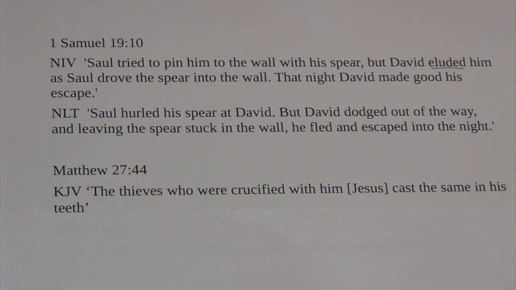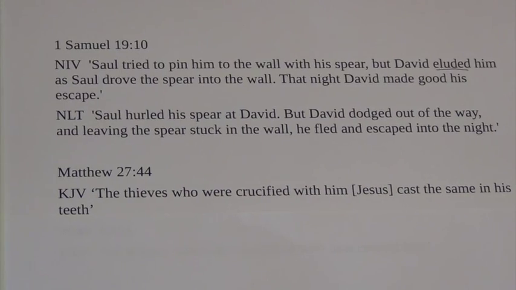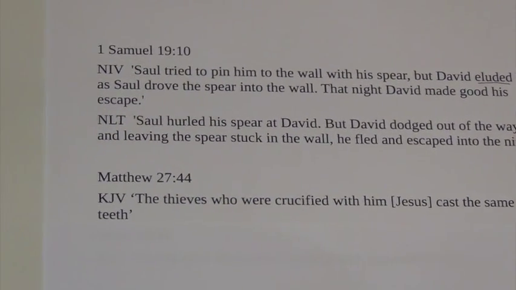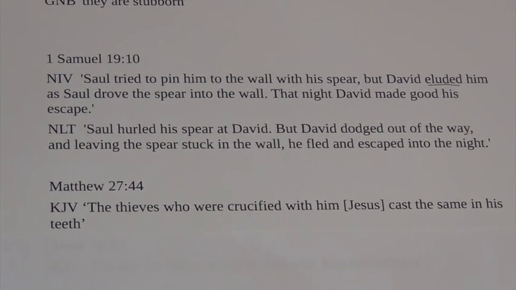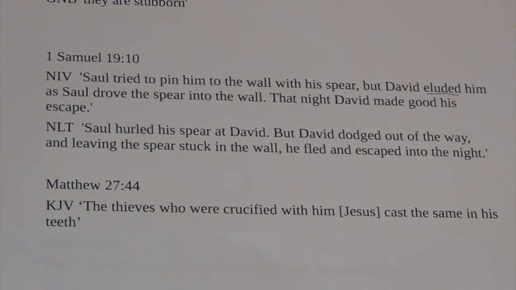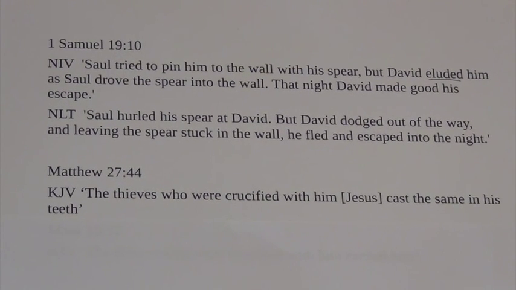They've completely left the Greek to make a good translation into Elizabethan English at the time. Cast it in his teeth means that you really give someone a strong telling off. Cast it in his teeth. They abuse him.